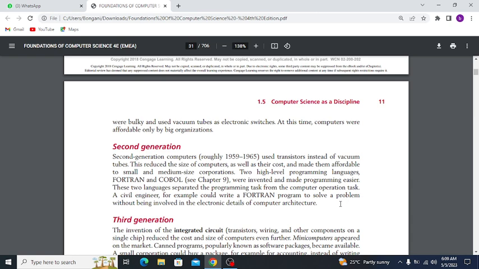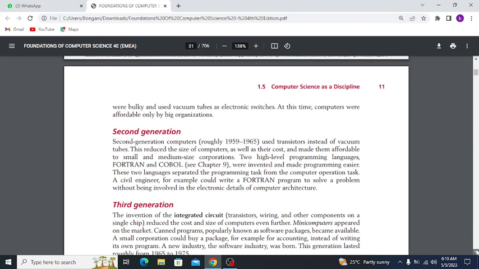When the programming languages Fortran and COBOL were introduced in the second generation, a civil engineer could write programs without changing the hardware or being involved in the architecture of the computer. Then we witnessed the third generation.